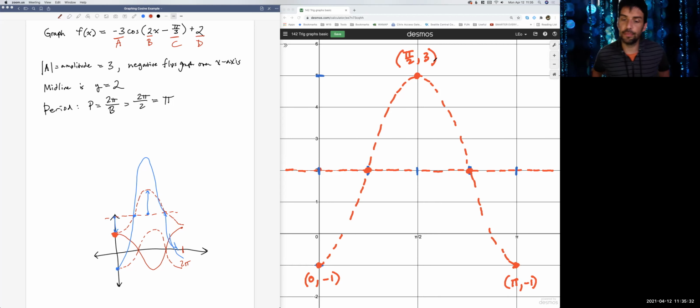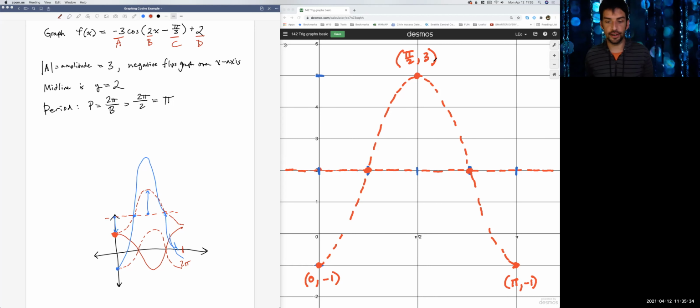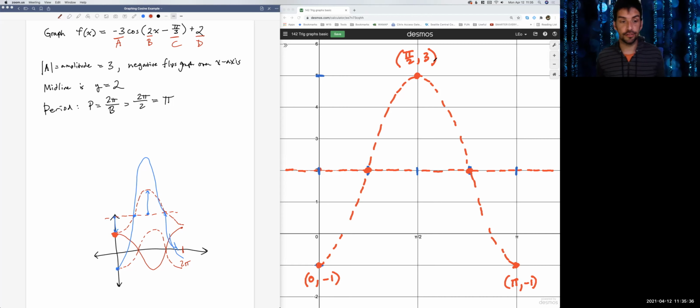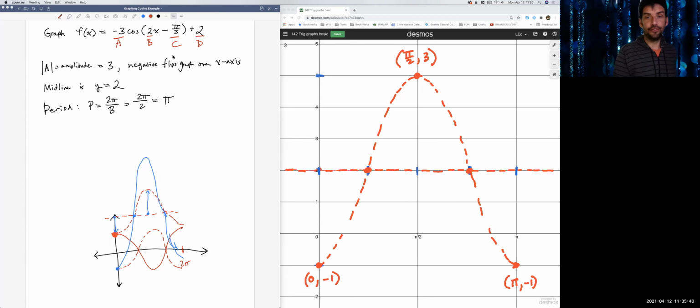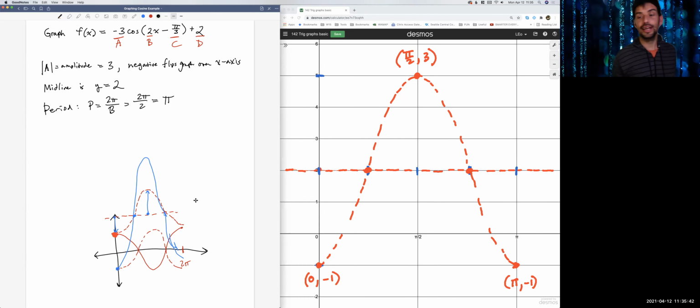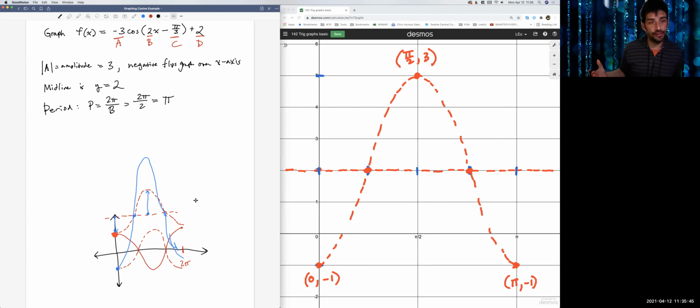I might even add the points where it hits the midline, but it's not there yet because we still have to add some stuff. Okay, so now let's come back to our information gathering phase and add the phase shift. We've done everything we need to so far except for the phase shift.